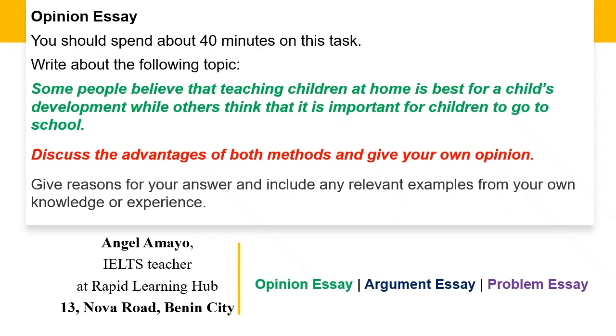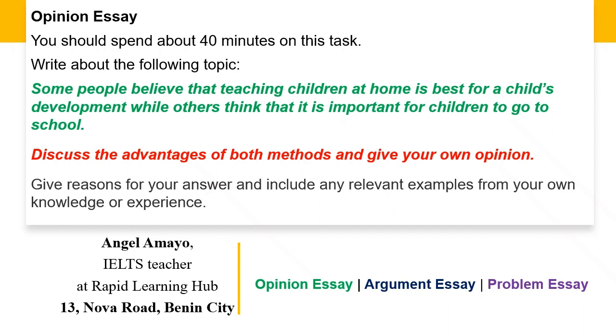And the final part of the task usually is this last instruction, which is the specification about what you should do specifically. It says give reasons for your answer and include any relevant examples from your own knowledge and experience. We'll get to know how to implement these instructions later in this video. We know that this is an opinion essay because the second clause of the instruction clearly says, discuss the advantages of both methods and give your own opinion.